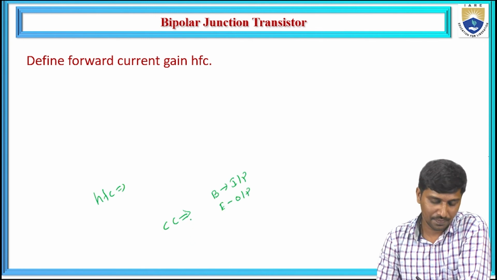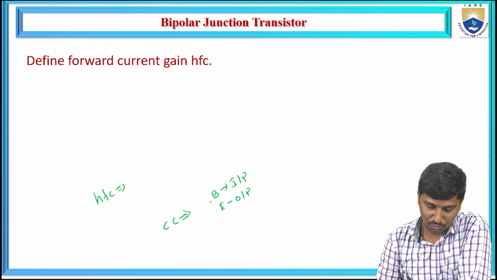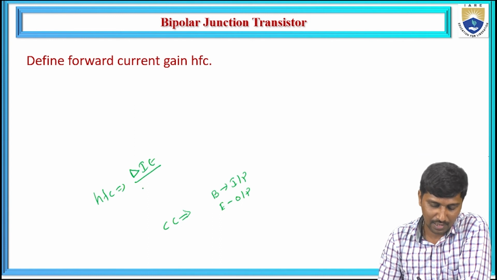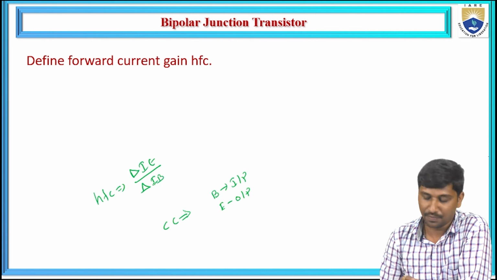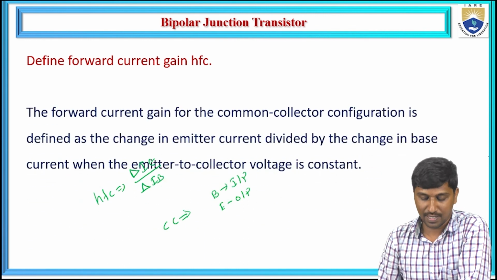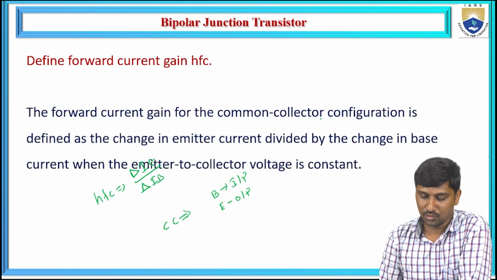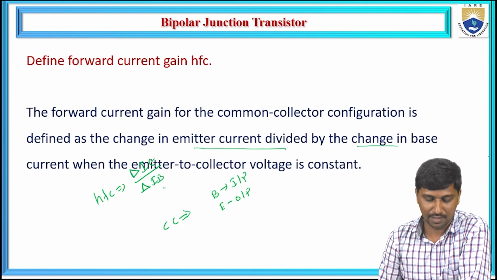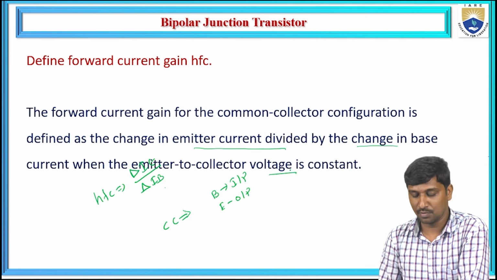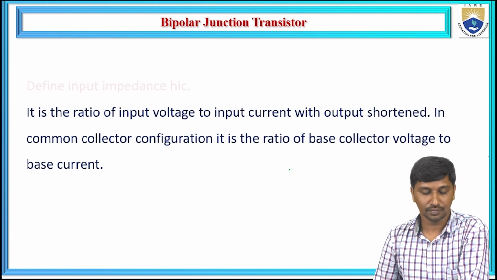The forward current gain is the ratio of output current, that is the change in emitter current, to the change in input current, that is base current IB. Hence in a common collector configuration, it is defined as the change in emitter current divided by the change in base current, keeping this voltage constant.